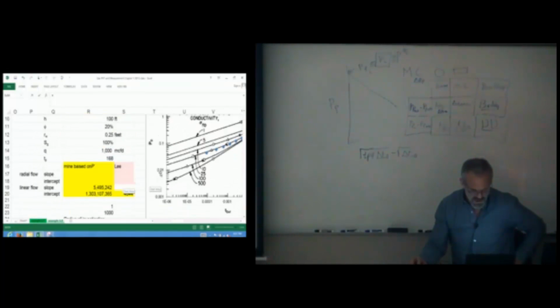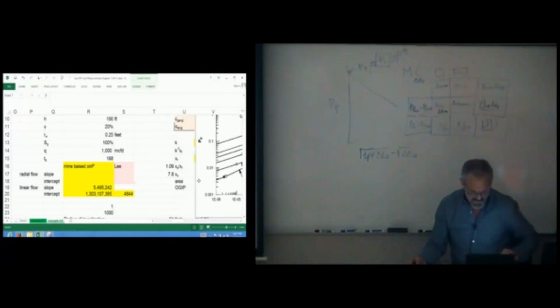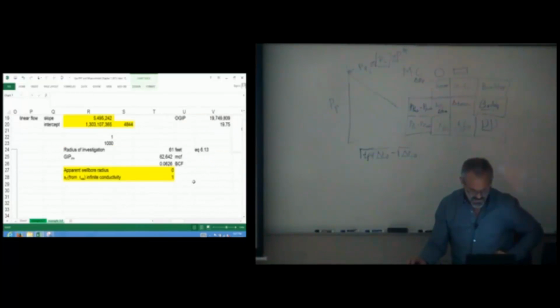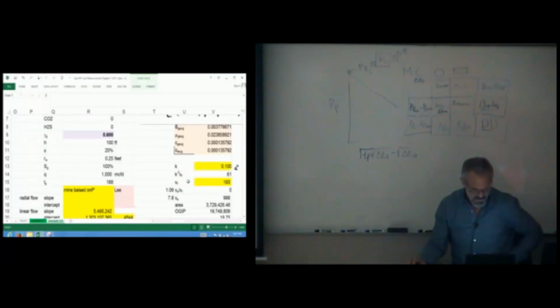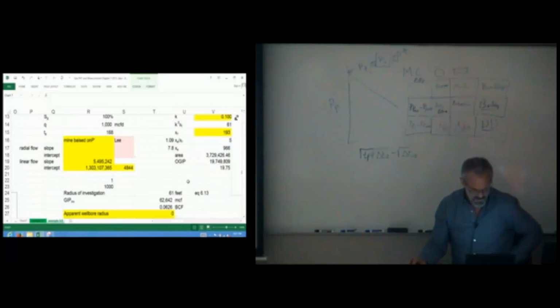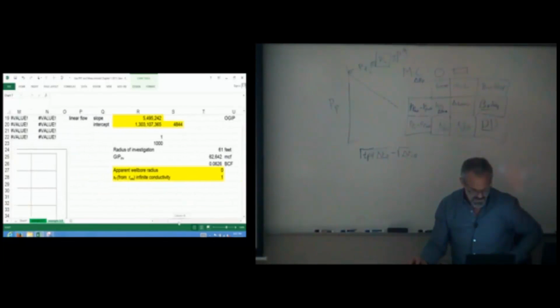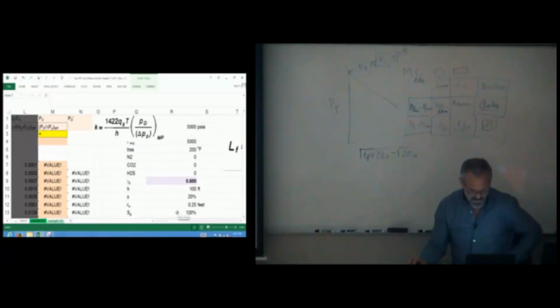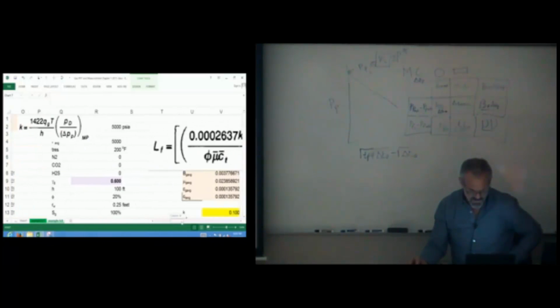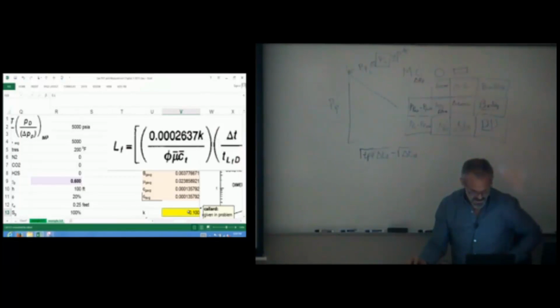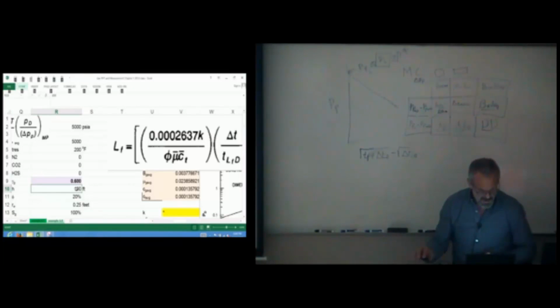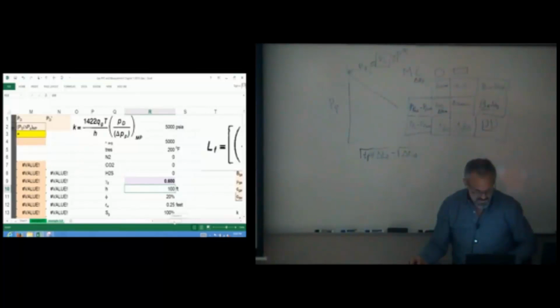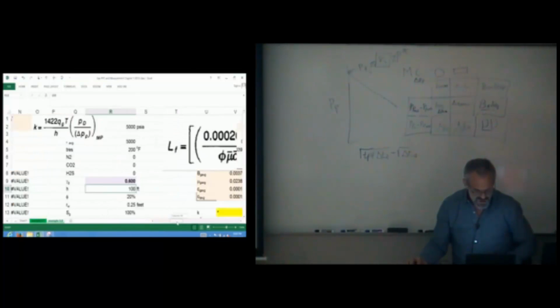I think I got K covered up. Where is it? Should be up on the right there. Oh, right there. K times H divided by 1422 QGT.